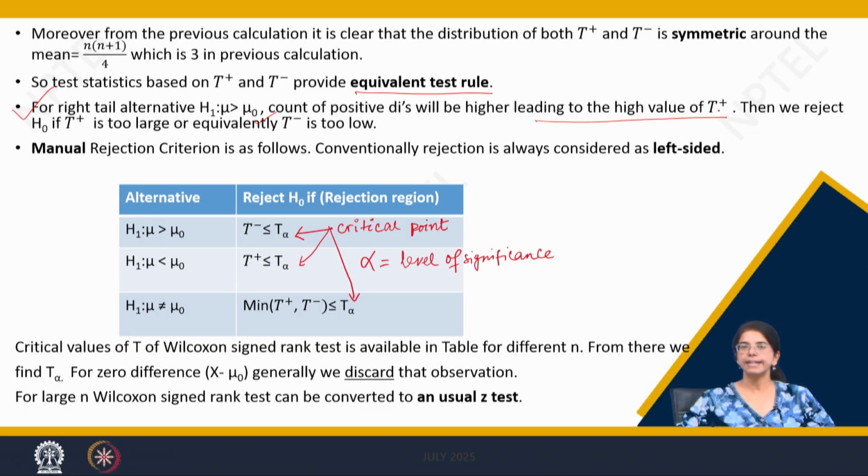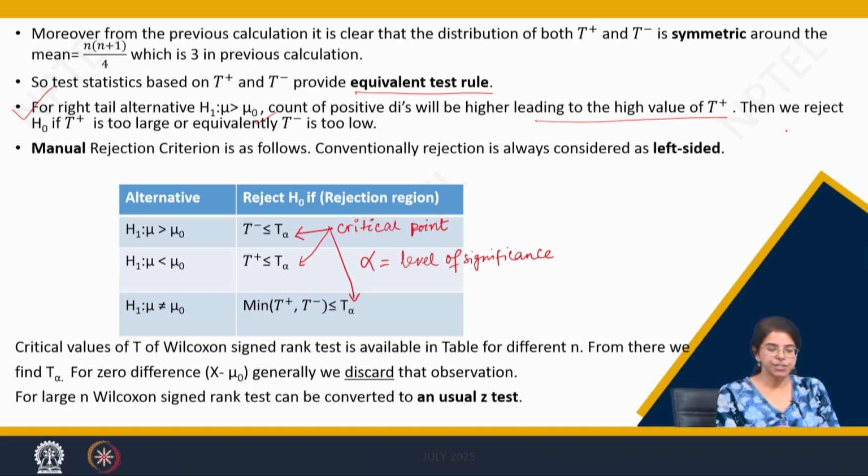So, when your alternative is giving you the idea that your median is bigger than the null hypothetical median, what can we expect? We can expect the positive observations are higher. If they are higher, their ranks will be higher, which in effect will yield a higher value of T plus. That is what is written here.